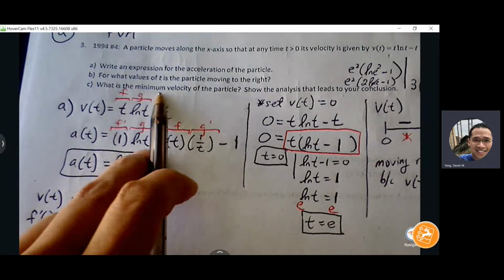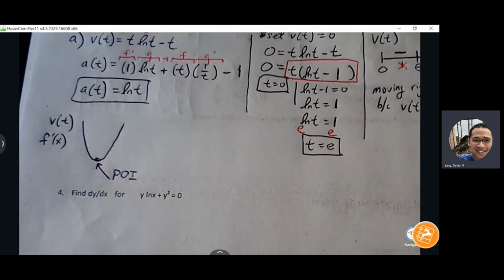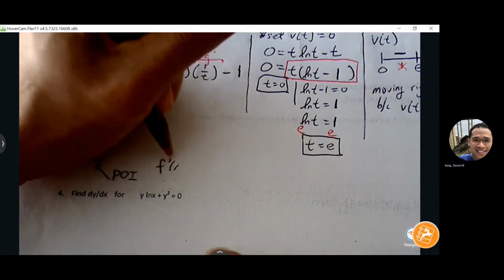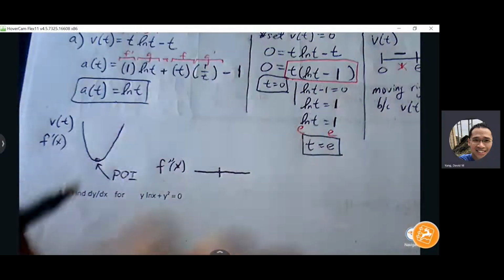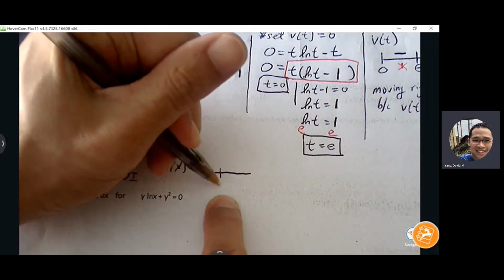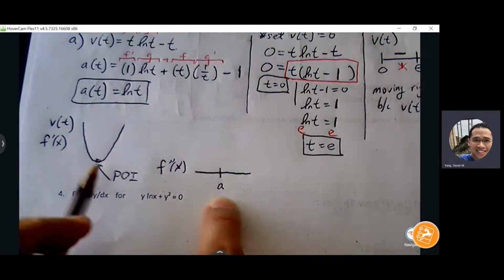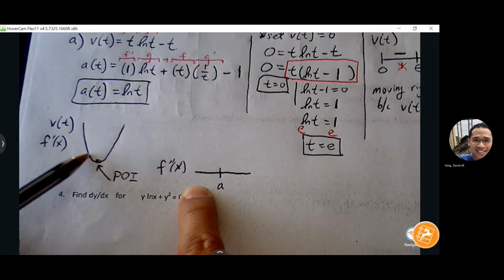So the minimum velocity is going to occur where there is a point of inflection.